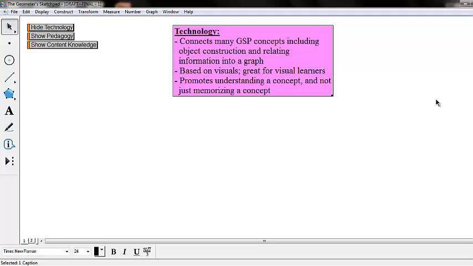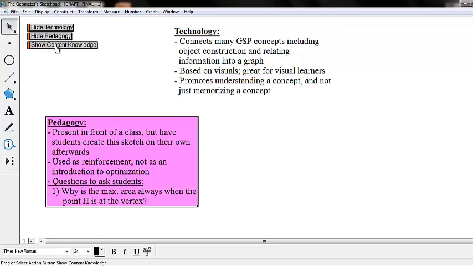I think my lesson plan differs from a normal lesson because it's based heavily on visuals. And in today's day and age, a lot of students are visual learners, and this will help them fully understand and not just memorize what they're doing when setting the first derivative to 0 and finding the max and min when doing test questions.